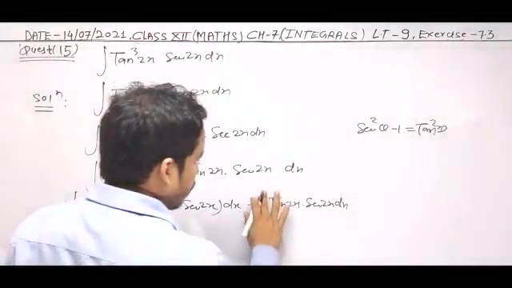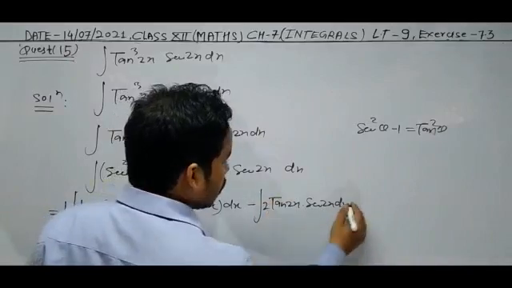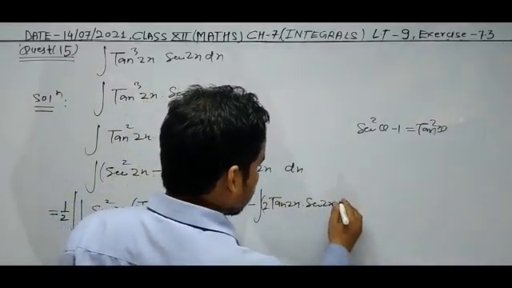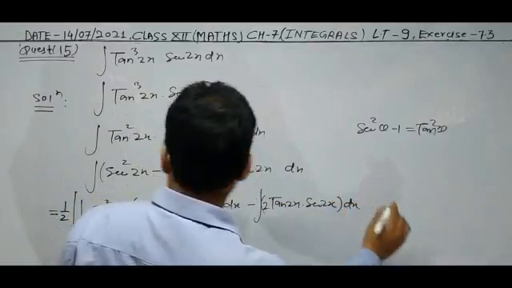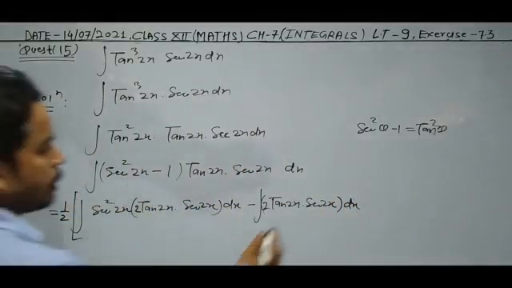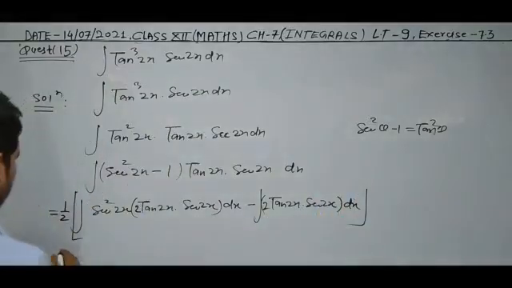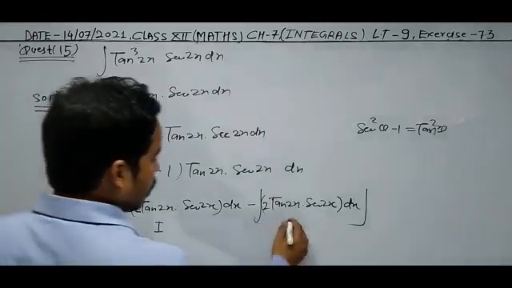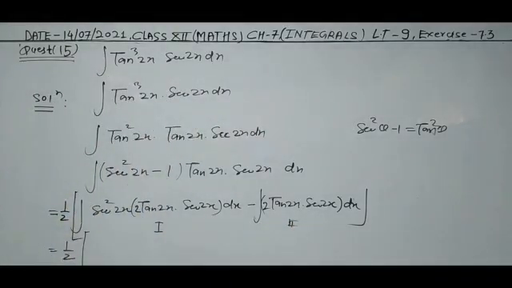So the result is 1 by 2 times the integration. There are 2 integrations and we have to integrate a single part.